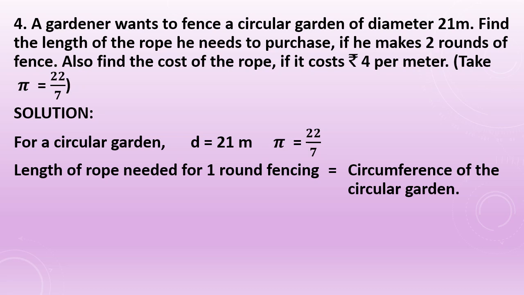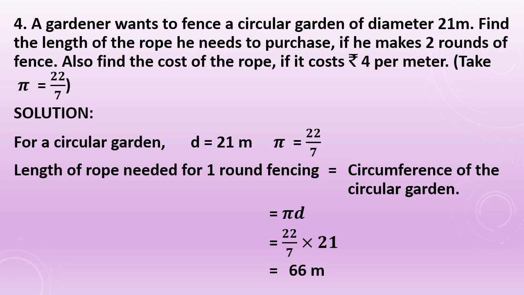And children, we know the circumference of the circle. What is the formula of circumference of a circle? Here diameter is given, so we can use pi into d. That is equal to pi into d. Substituting the value 22 upon 7 into 21. 7 and 21 can be cancelled.